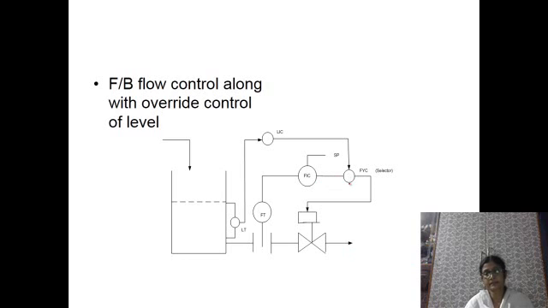But the selector switch instantaneously selects the level controller first as the level changes. So this will take the corrective action instead of the flow controller initially, and the selector will transmit the controller output to the control valve. This is called the overriding of the controller function using another level controller.